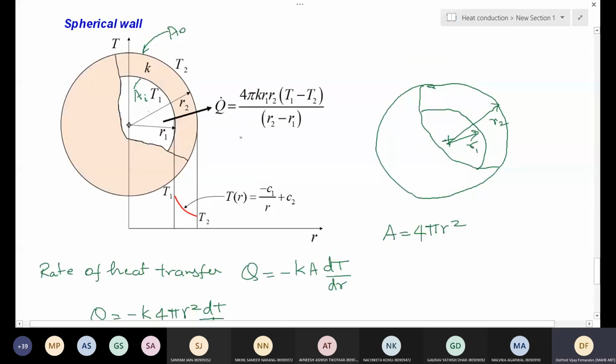I can draw the circuit here itself: between T1 and T2 we have a resistance to the heat transfer, and this is R_k.